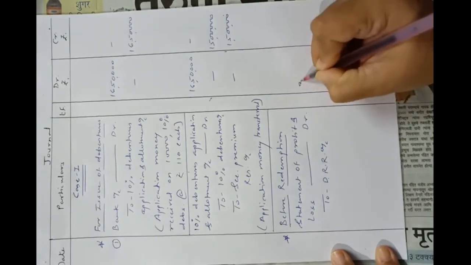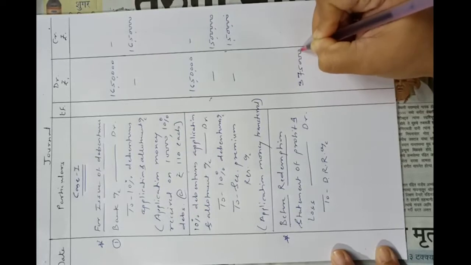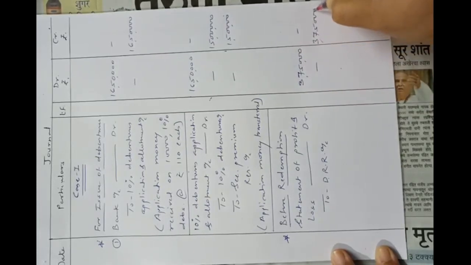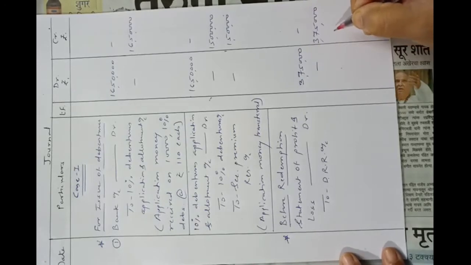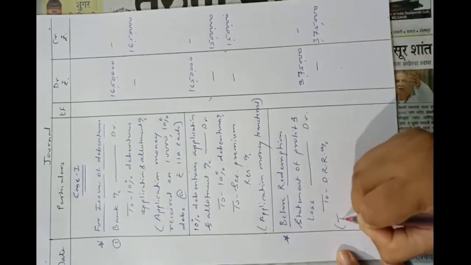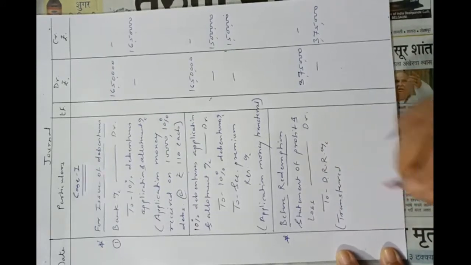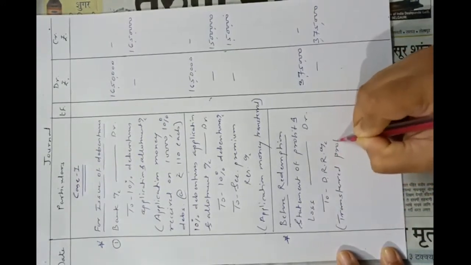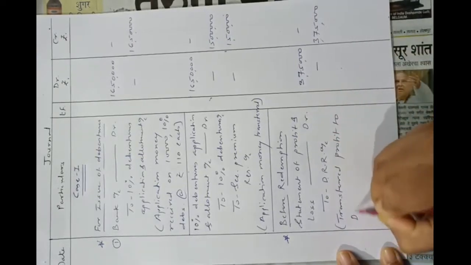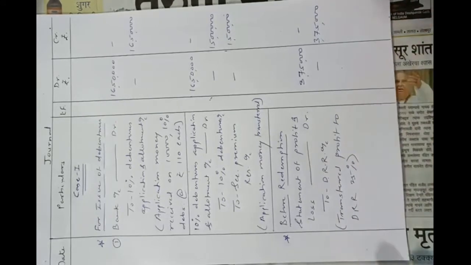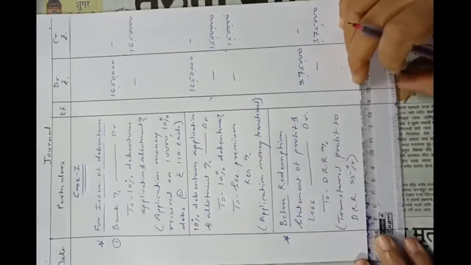So 3,75,000 will be transferred to DRR, that is DRR is created worth rupees 3,75,000. This is the narration.